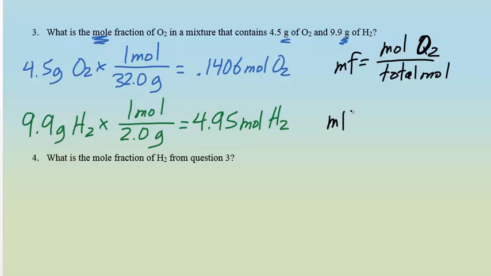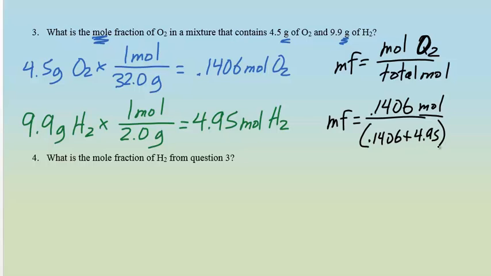So solving for that mole fraction, we know that we have 0.1406 moles of O2. We have the total, which is 0.1406 moles of O2 and 4.95 moles of H2.